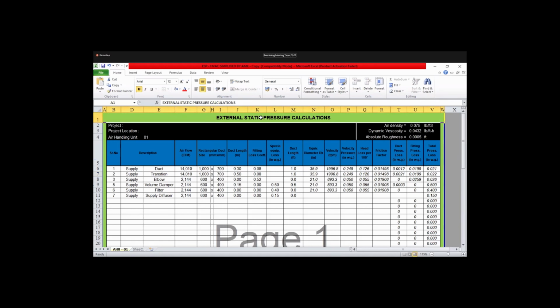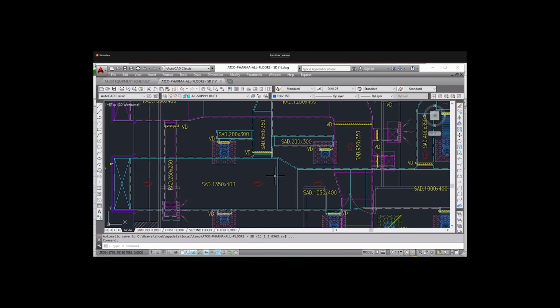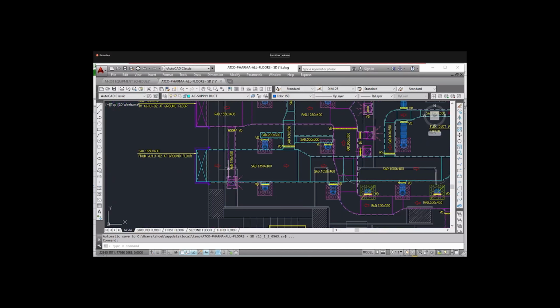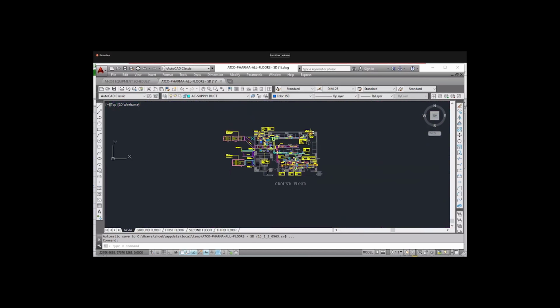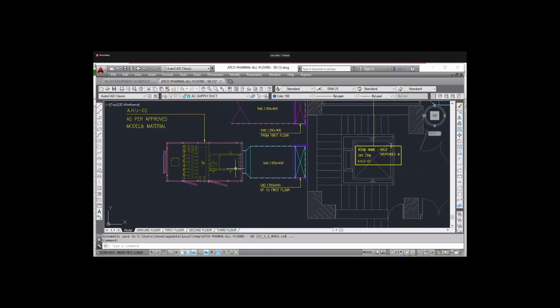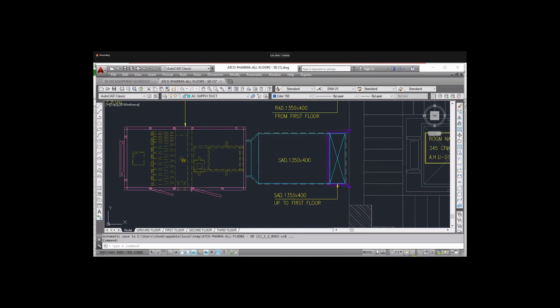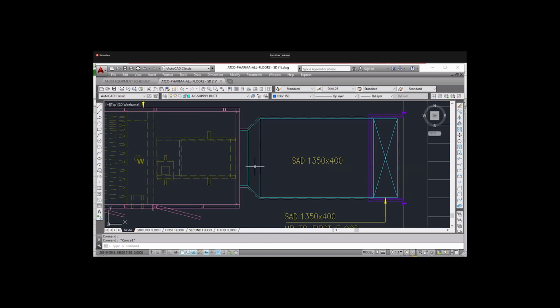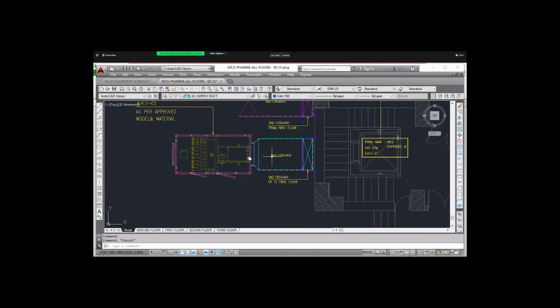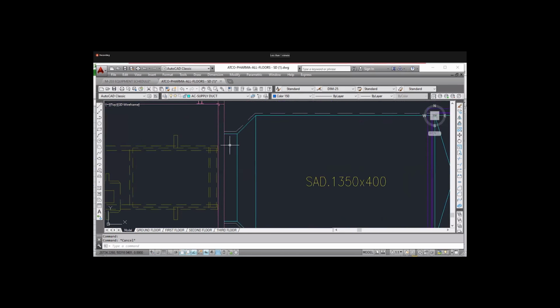So the external static pressure is for only the duct part, okay, duct and fittings like transitions and elbows. So here you can see, we have taken an example. From the AHU, there is a transition. This is called a transition elbow. So this is a transition fitting, and this one is the canvas cloth for the flexible connector.